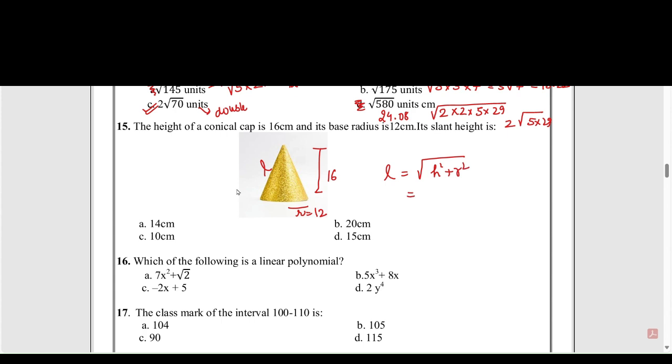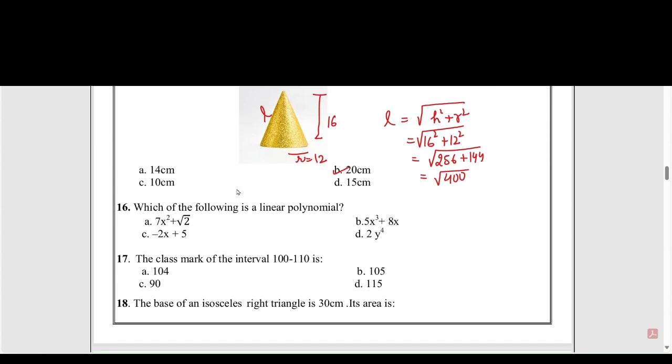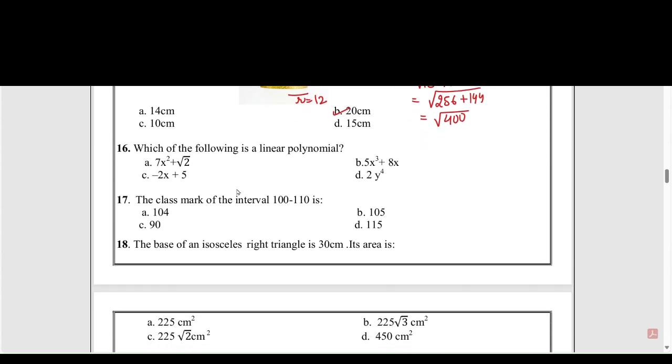You can substitute h square is 16 square plus 12 square. 16 square is 256 plus 144. This will give you 400, hence 20 centimeter.